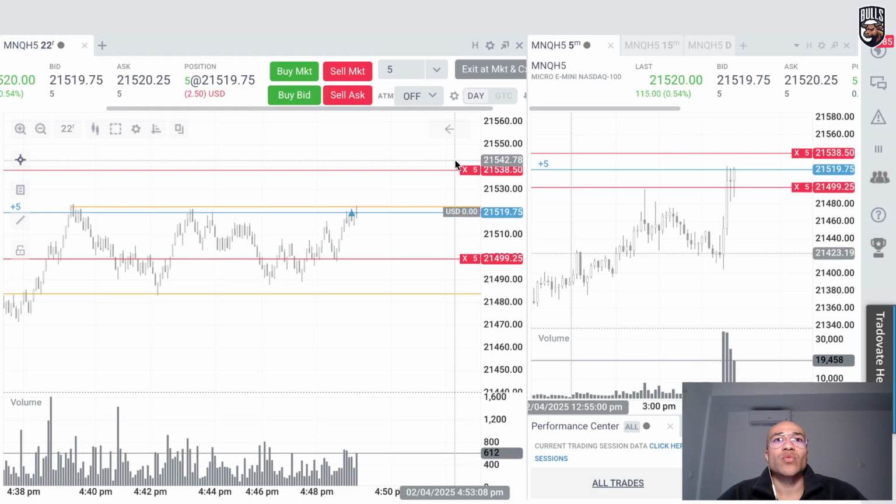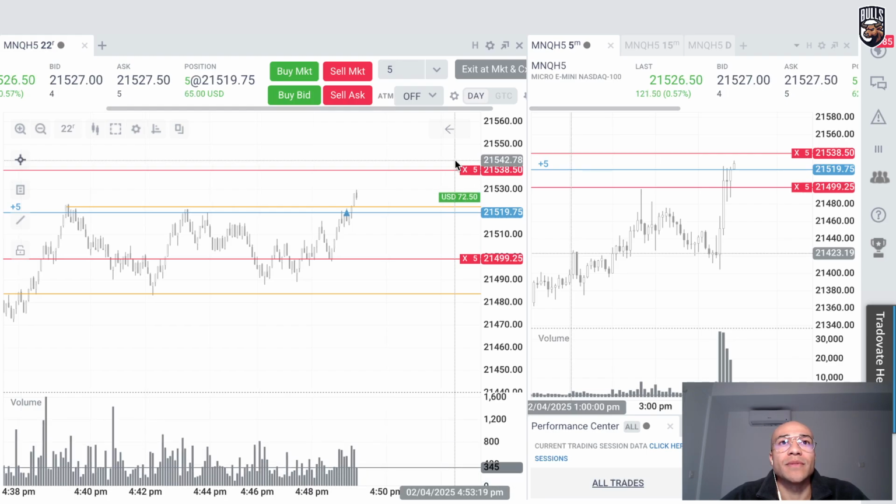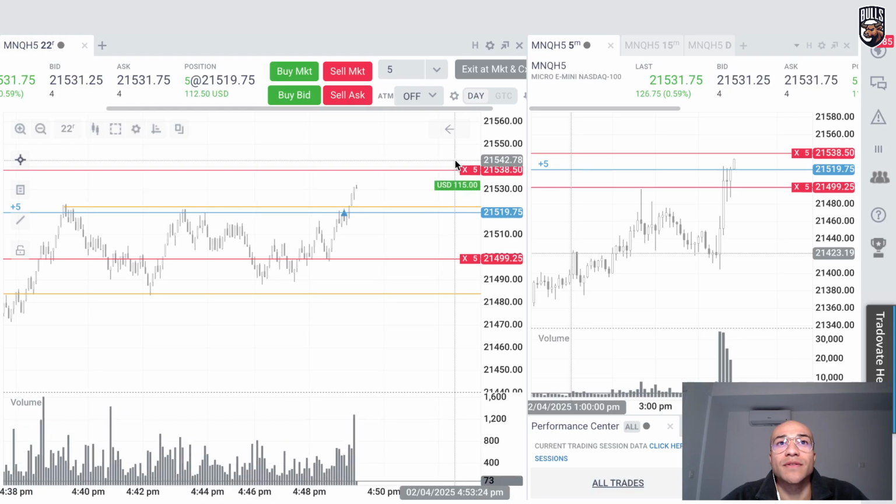So now we have a 20-point stop loss. That is the average stop loss that I have. Like risking 20 to 25 points on a trade. Sometimes if there's a really good opportunity, I might even go all the way up to 30 points. And yeah. So let's see.